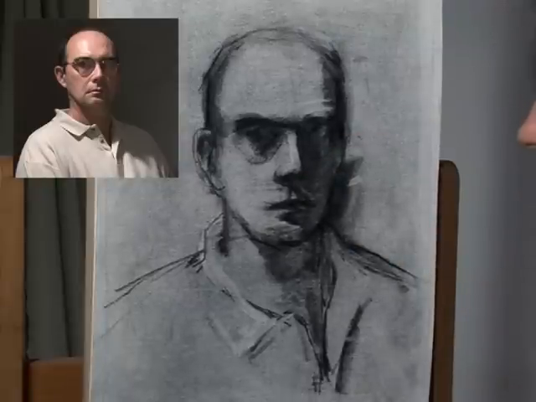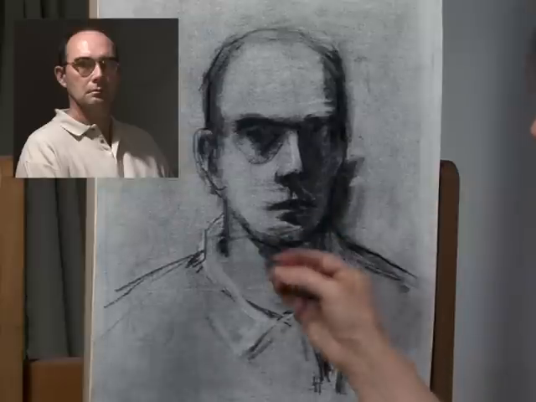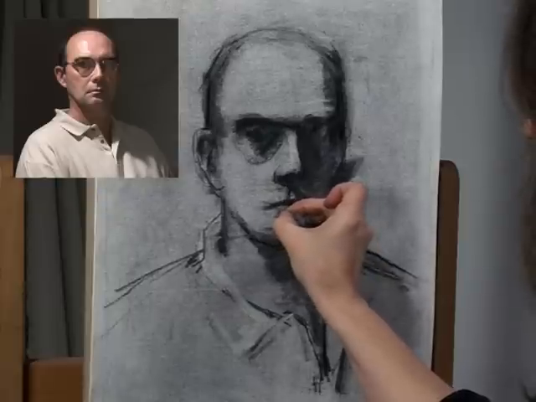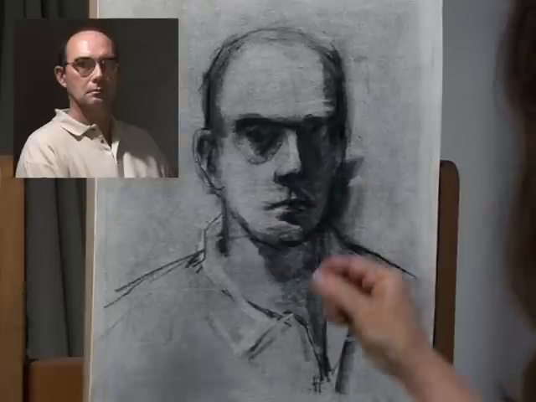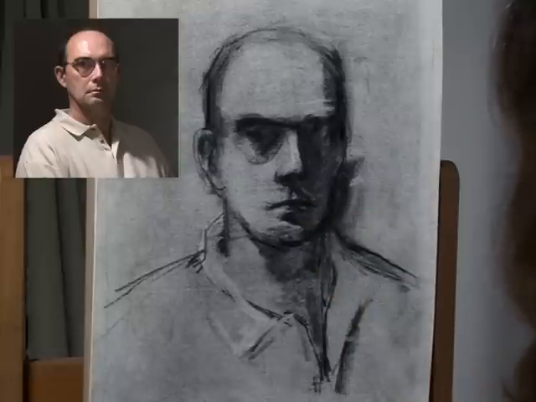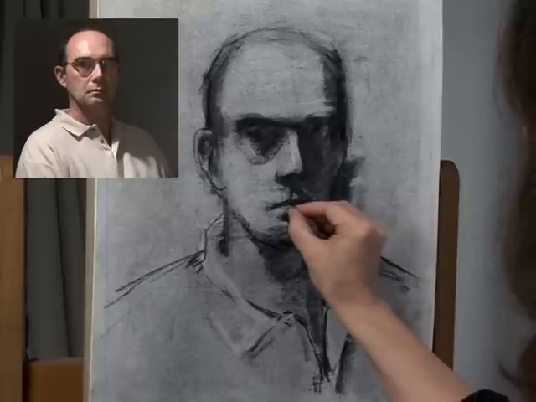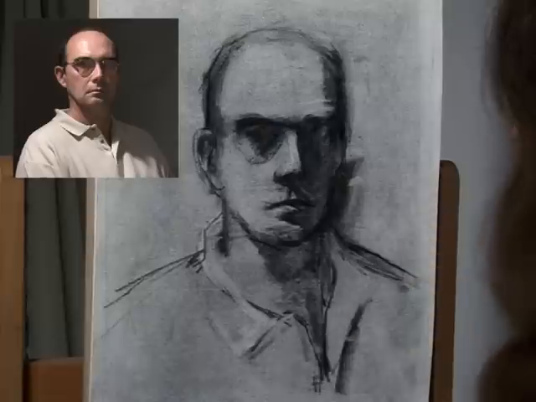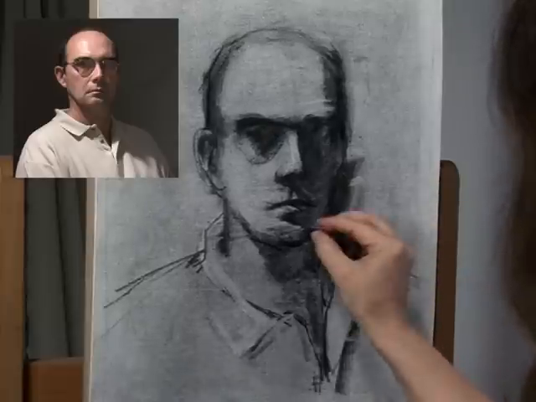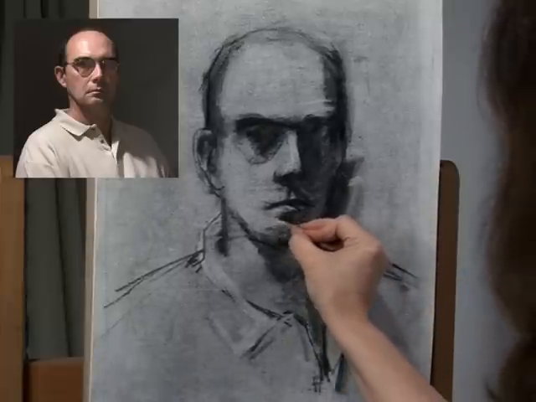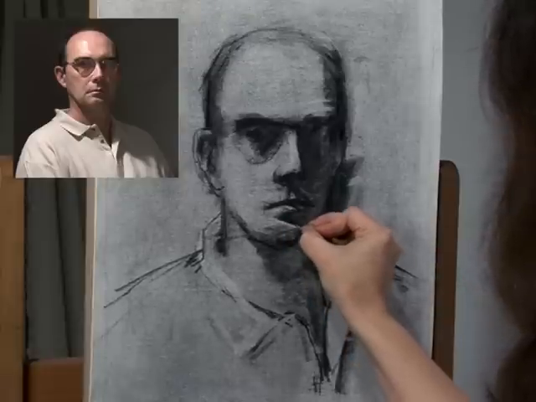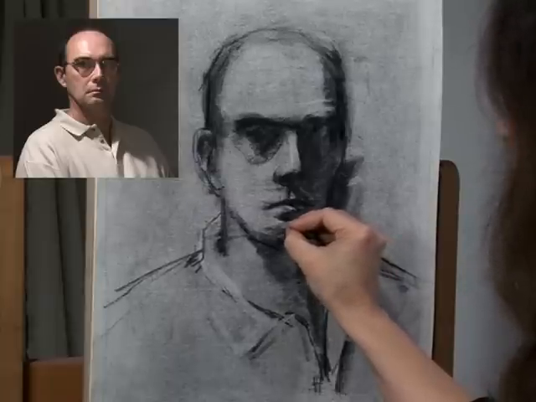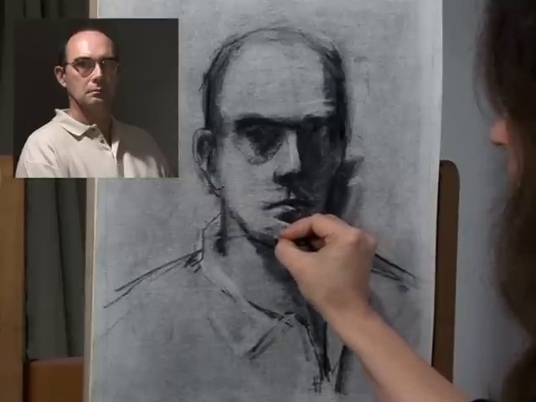I see here now also an opportunity to describe the mouth by lifting out this shape of light, the muscle of the mouth there, and distinctly drawing the light against cast shadow with a kneaded eraser. Again, draw light meeting dark using the kneaded eraser, pulling the light down as it gradates down.